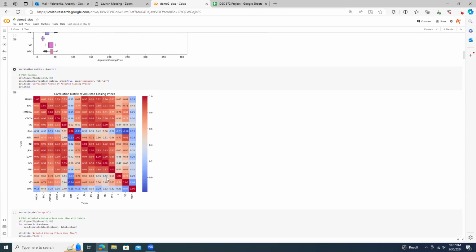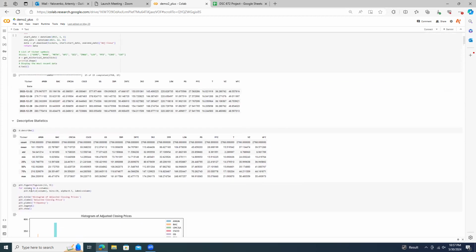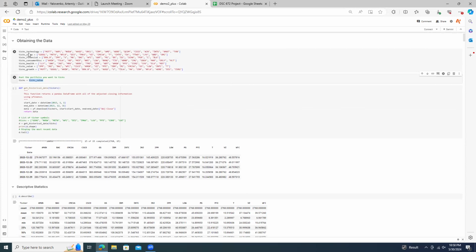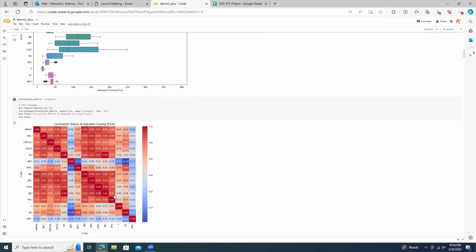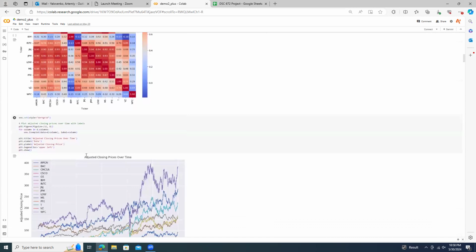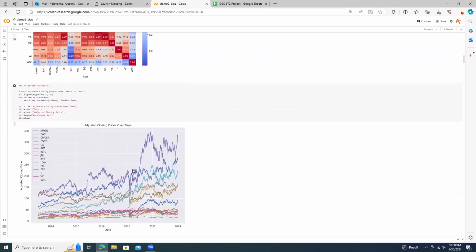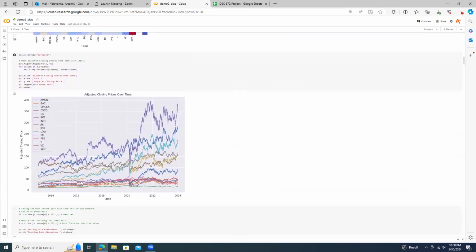We want to know that because, as you can see right here, we have technology, communications, financial stocks. So, for example, if I do technology, this would hypothetically be more correlated. Again, this is just a time series visualization of stocks over time.